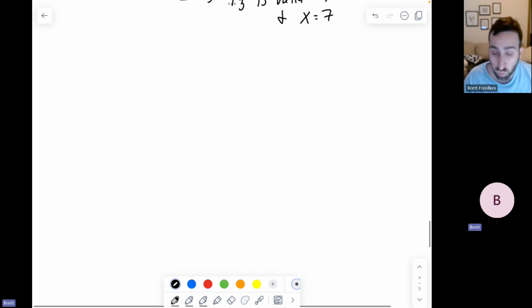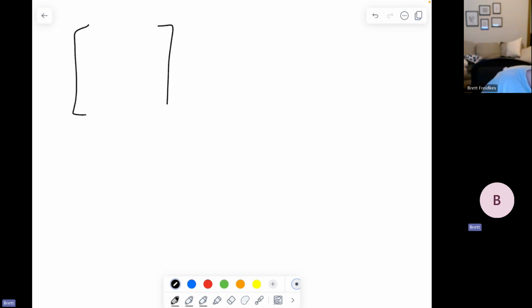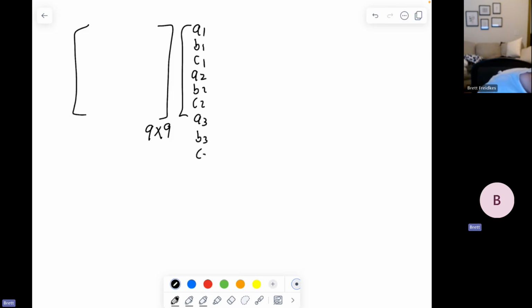So once you have all those equations, you would have, in this case, 9 different equations with 3 separate curves. It's 3 of these mini interpolants. We would have 9 equations, 9 unknowns. We can write a matrix where we'd have some matrix. This will be 9 by 9, multiplied by A1, B1, C1, A2, B2, C2, A3, B3, C3.